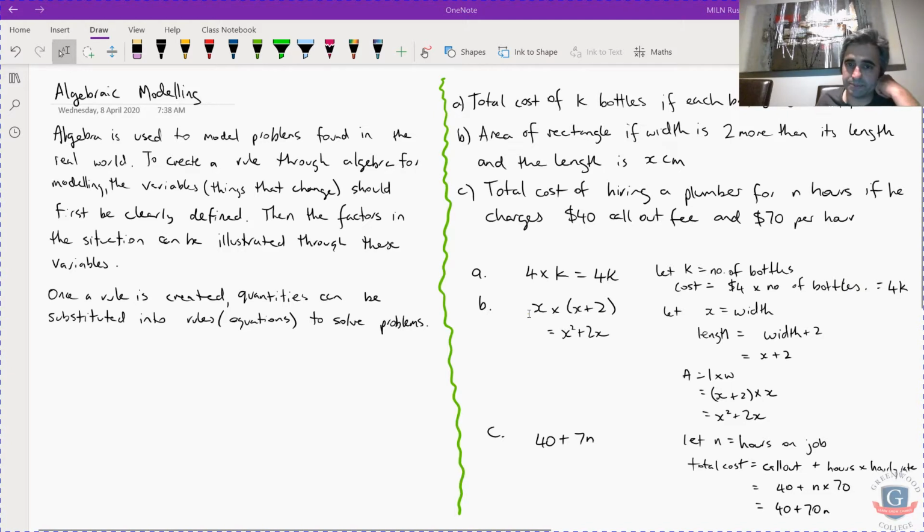Alright, number 1 done. Second case, the area of a rectangle if the width is 2 more than its length, and the length is x centimeters. So the unknown it's told us is x, and it's the length. So why have I put width there? Let's go fix that up. I've got these back to front.